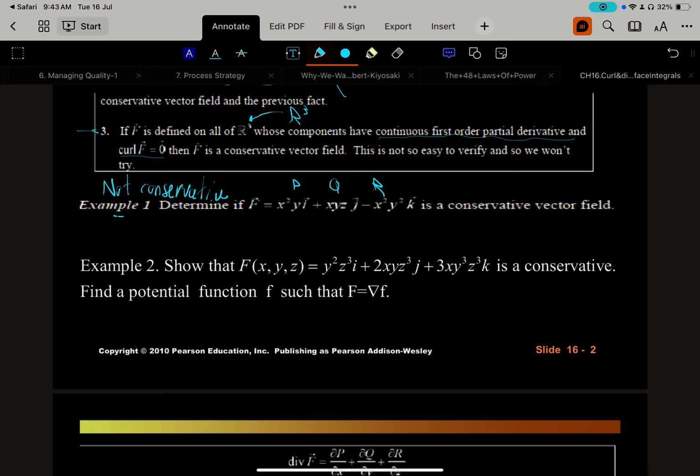Okay, so here he wants us to show that this function is conservative, and he wants us to find a potential function f such that F equals the gradient of f.